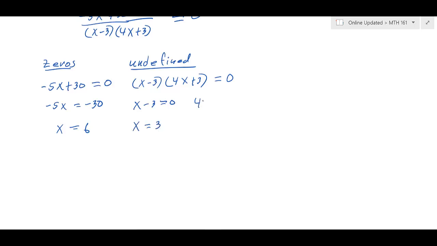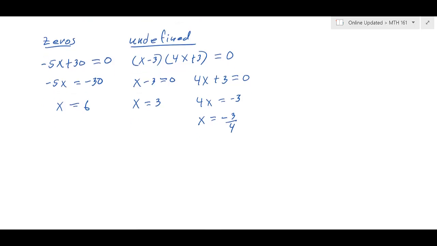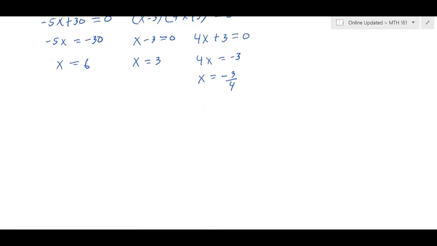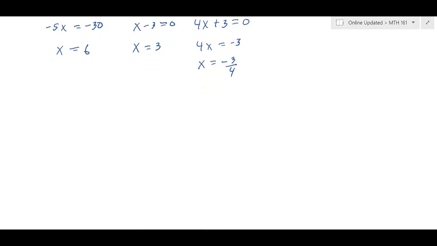And we take the factor 4x plus 3, we set that equal to 0. So 4x is equal to a negative 3, which means x is equal to a negative 3/4. So we've identified the zeros and where the function is undefined. So now we can find the test intervals.